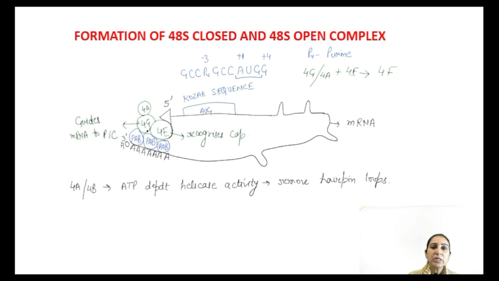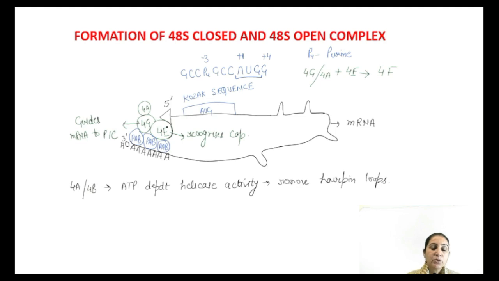Similarly, 4G is also bound to the poly A binding proteins on one side, and this 4G guides the mRNA to the 43S pre-initiation complex. The function of 4A or 4B is that it has an ATP dependent helicase activity. This activity uses ATP or energy and removes the hairpin loops.